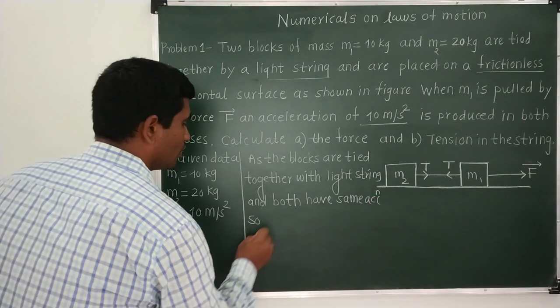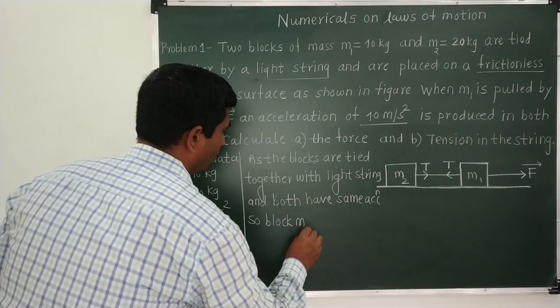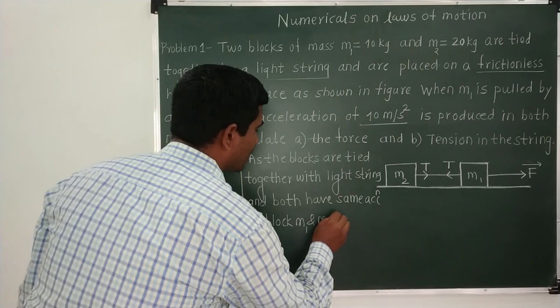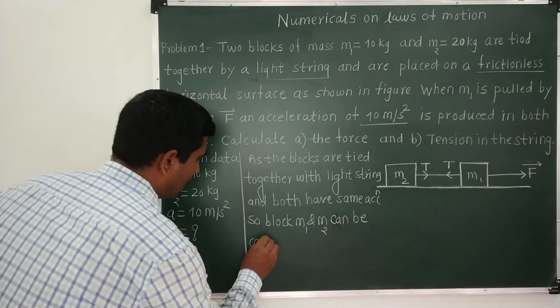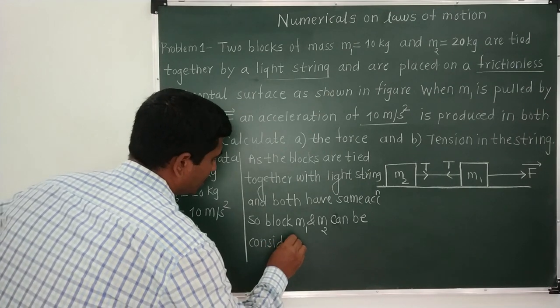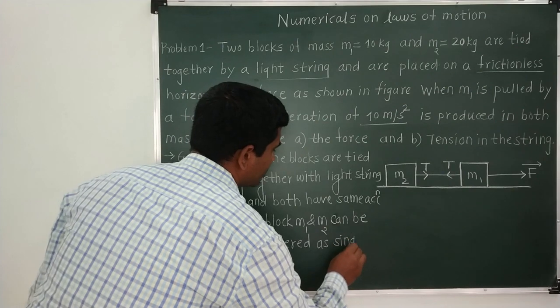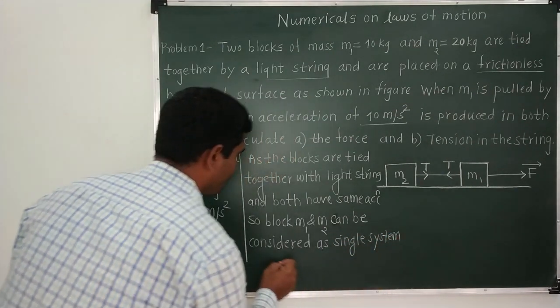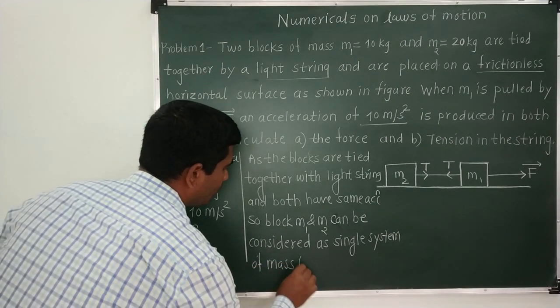So blocks M1 and M2 can be considered as a single system of mass M1 plus M2.